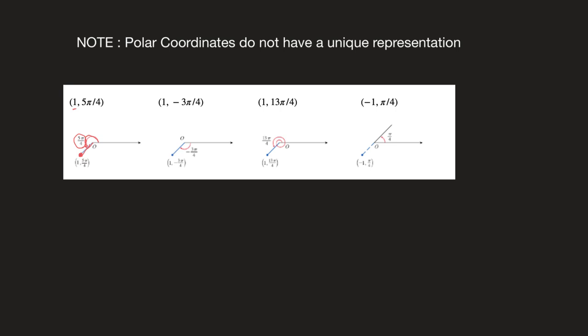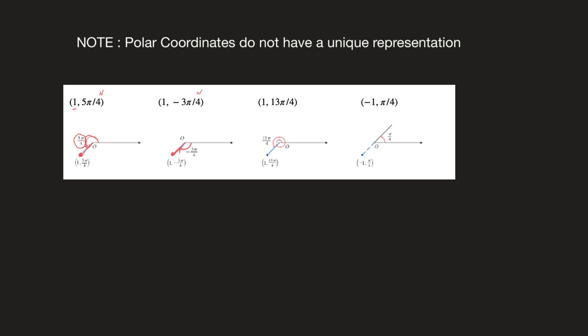Another way to represent this point is with a negative angle, negative 3 pi over 4, with radius 1. So you have two representations for this point.